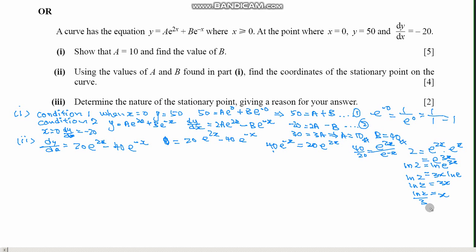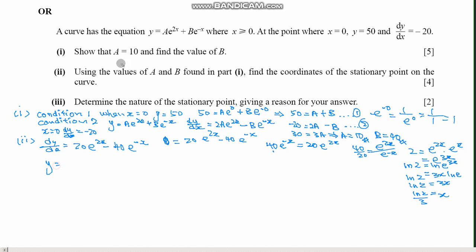Now you obtain the x coordinate when the gradient dy/dx is equal to 0, at the stationary point. Because the question asks for the coordinate, you must find the y value. Very simple: take the original function and substitute x equals ln 2 over 3 inside, then you find the y value.